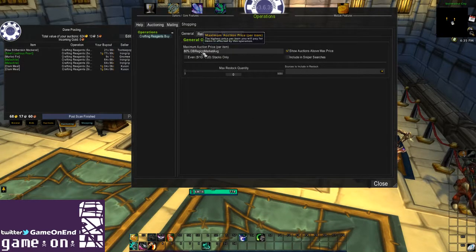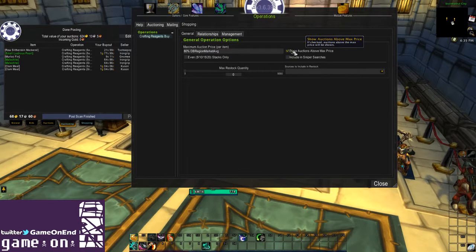There may be items that are, say, 90% of the market value, which we wouldn't be buying, but it also would be lower than we want to sell things for, ideally, which would be the market value.